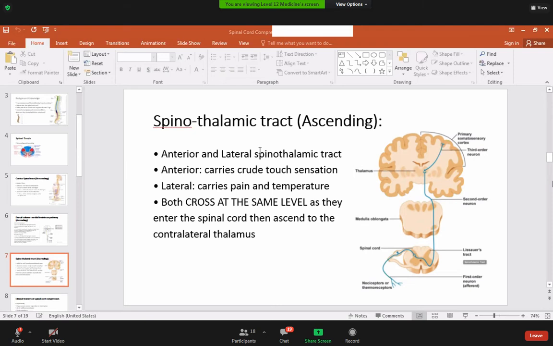The spinothalamic tract carries the crude touch or the pain stimulus or the temperature stimulus. They are actually taken up by the spinothalamic tract.